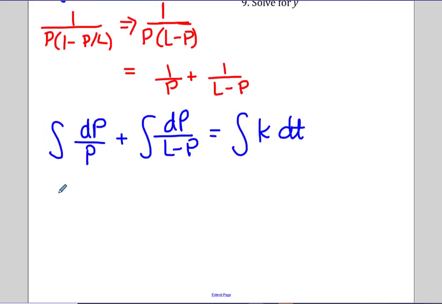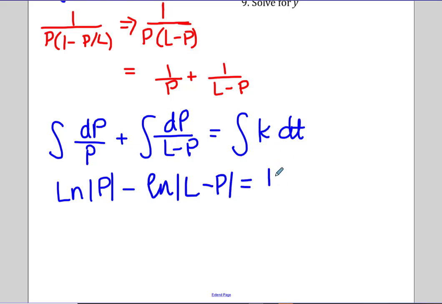So integrating this, we have natural log of P, and this is going to be minus, since that derivative is going to be -1, natural log of L minus P, and this would be KT plus a constant.